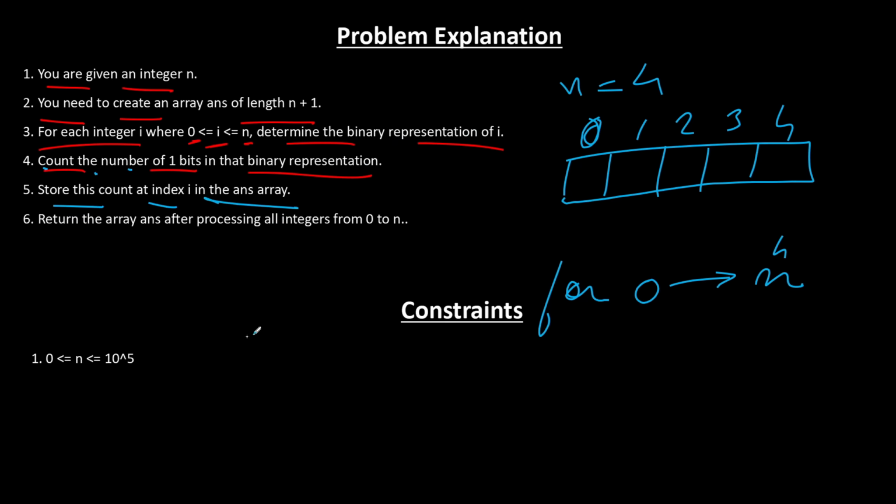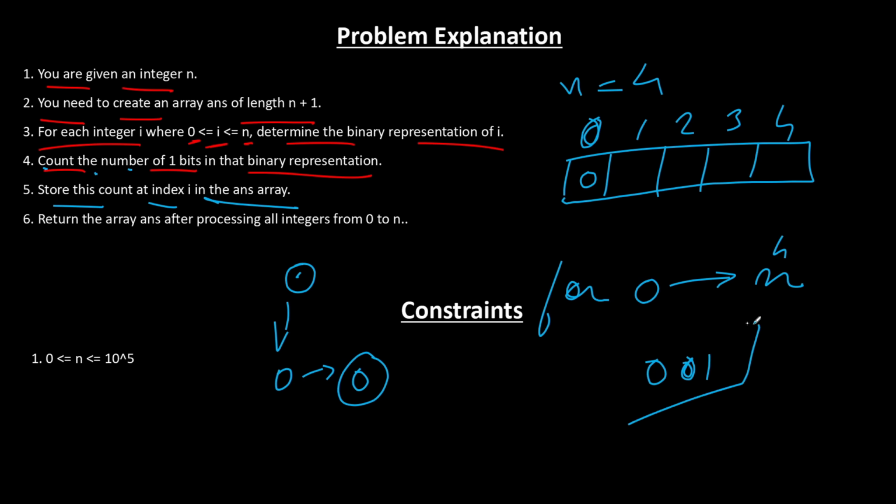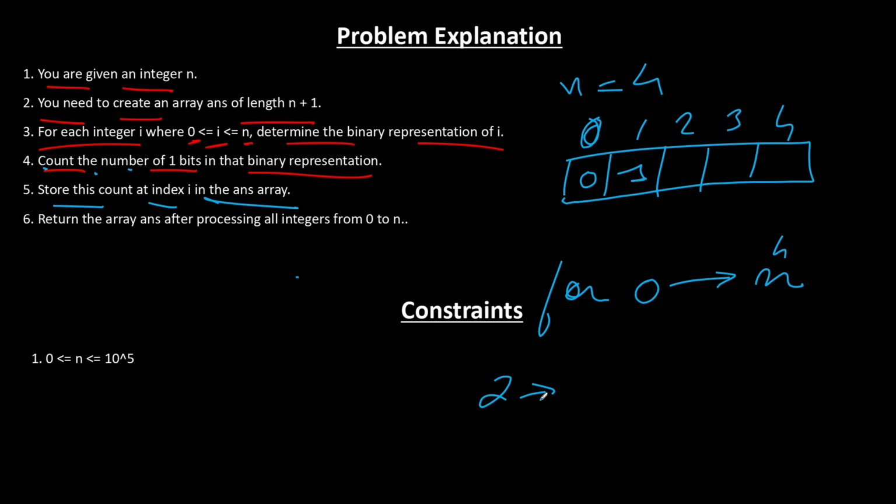For example, what is the binary representation of 0? It is 0, right? And how many ones are there? Of course, 0. So we will place 0 here. What is the binary representation of 1? How many ones or set bits are there? It is only 1. Binary representation of 2 is 0 1 0, so the number of ones is only 1 here.